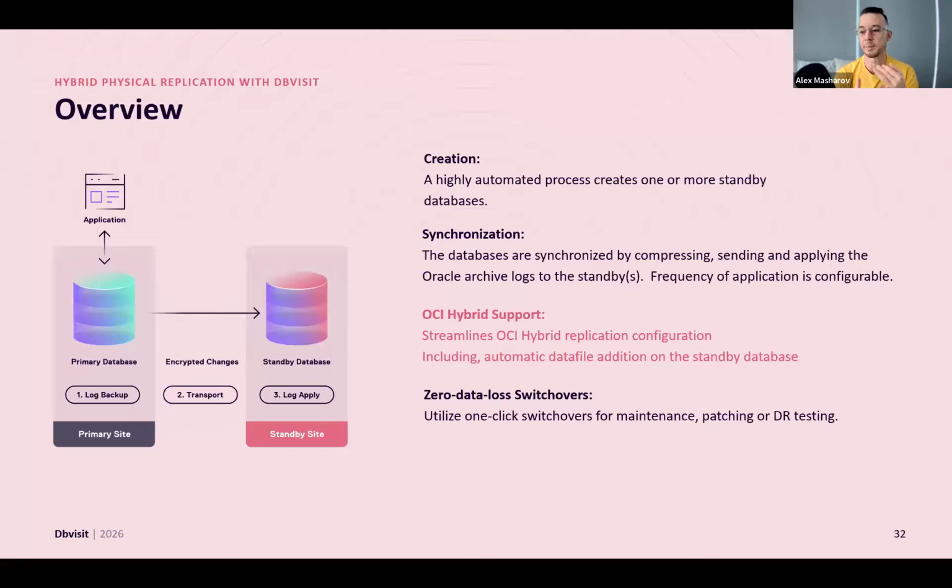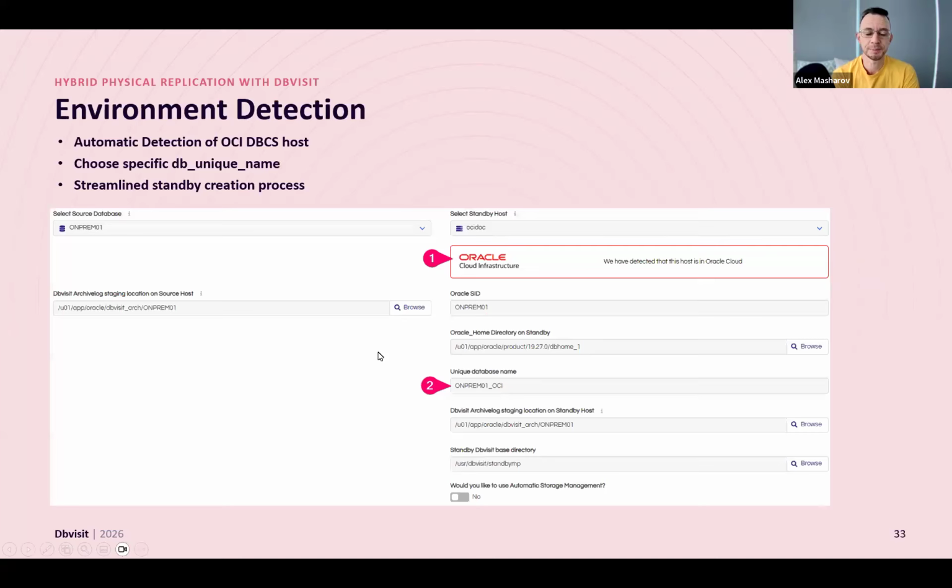The handling of the key store in the wallet file, adjusting the database parameters, making sure that we keep track of pluggable databases, new data files, new table spaces, et cetera, we do all of that behind the scenes. So if you're interested in running this sort of OCI to on-premise setup, dbvisit Standby Multi-Platform can really help you to do that.